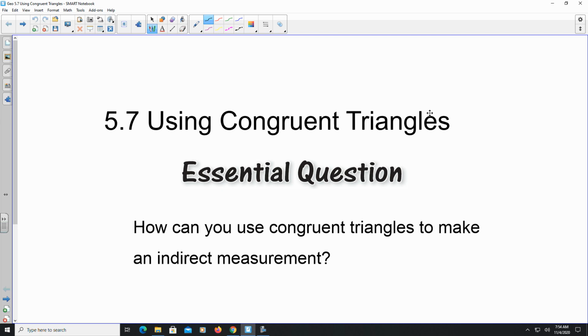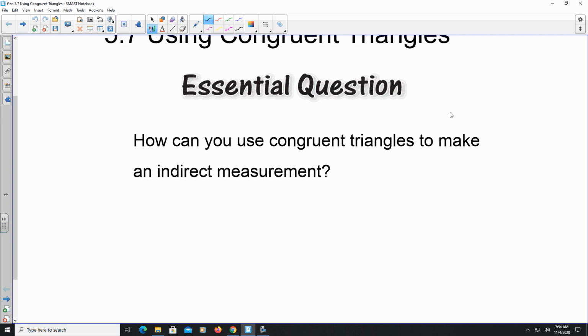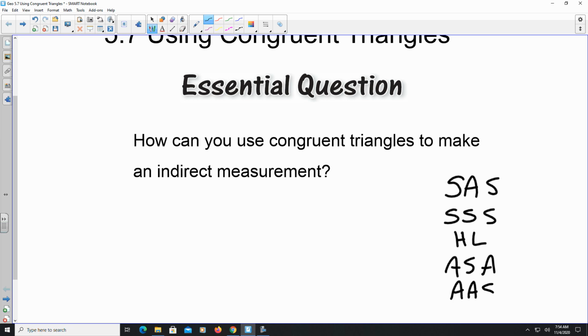So up to this point, we have looked at I believe it's five different ways that we can prove triangles are congruent. So we could use the side-angle-side, side-side-side, hypotenuse-leg, angle-side-angle, and then finally angle-angle-side. So we could use any one of those theorems to prove that triangles are congruent.